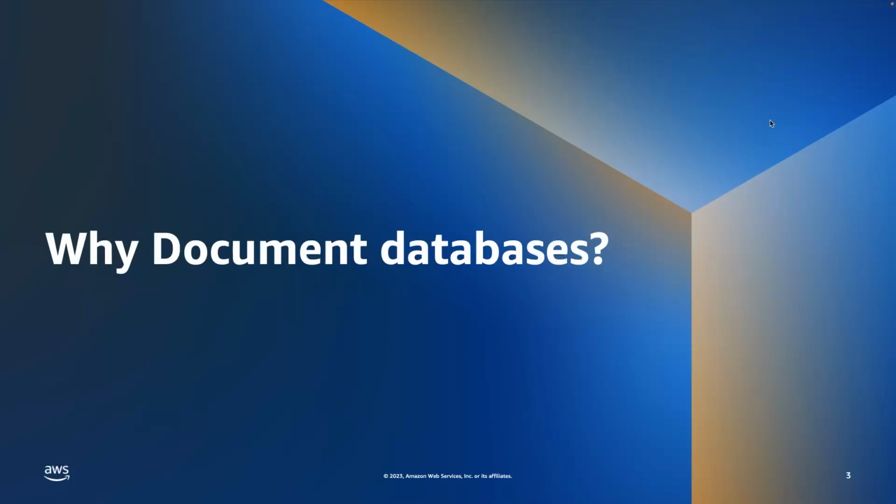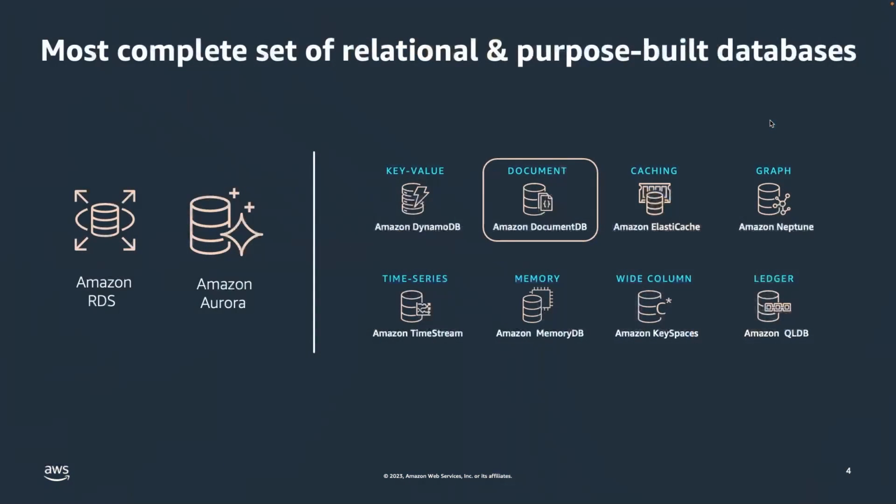The first stage of looking at why document databases is understanding the landscape of services that AWS offers. We do offer a very broad set of database and analytics services, and today we're going to focus on database services, specifically Amazon DocumentDB. But as you can see, for customers wanting to move away from self-managing Oracle, SQL Server, MySQL, Postgres, and MariaDB databases, AWS offers RDS and Amazon Aurora.